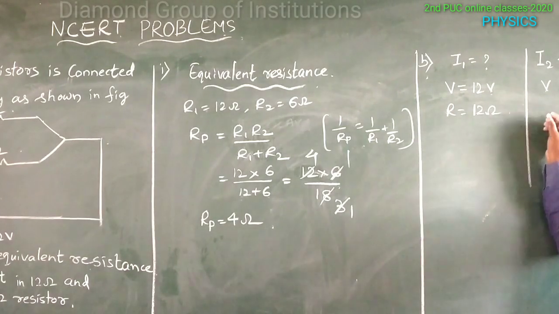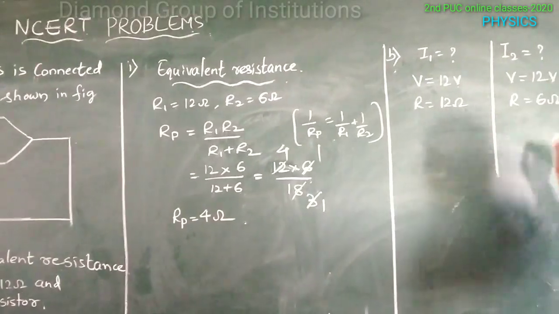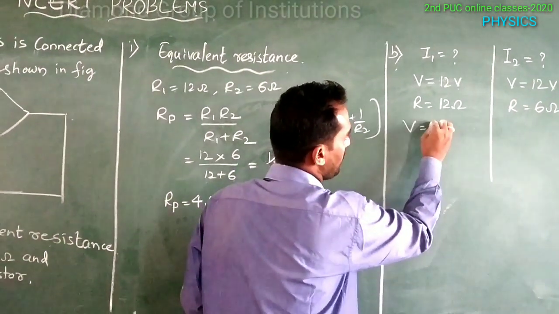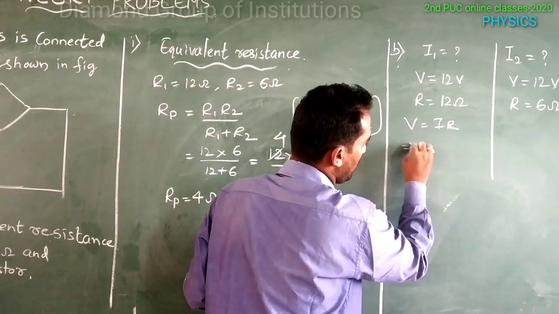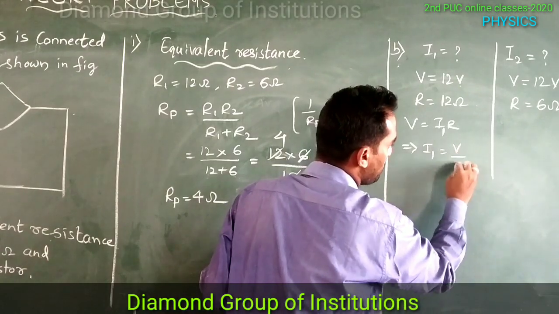Here V value is 12 volt and R value is 6 ohm. Use Ohm's law, V equal to I into R, so I1 becomes V by R.